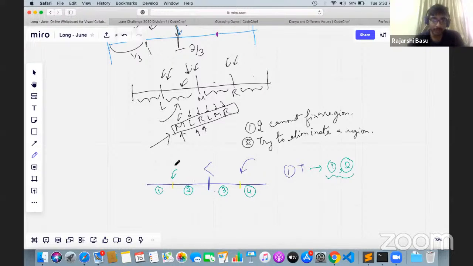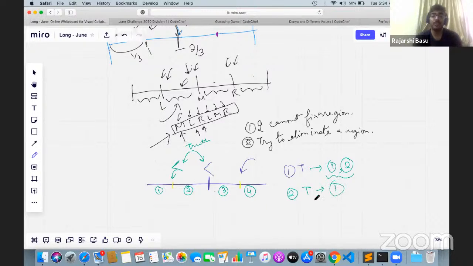So now query in the midpoint, and let's say the grader gives the greater than symbol again. That means one of them, either this or this, is the truth. If this is the truth, then these two can be eliminated. And if this is the truth, then only one should be eliminated.